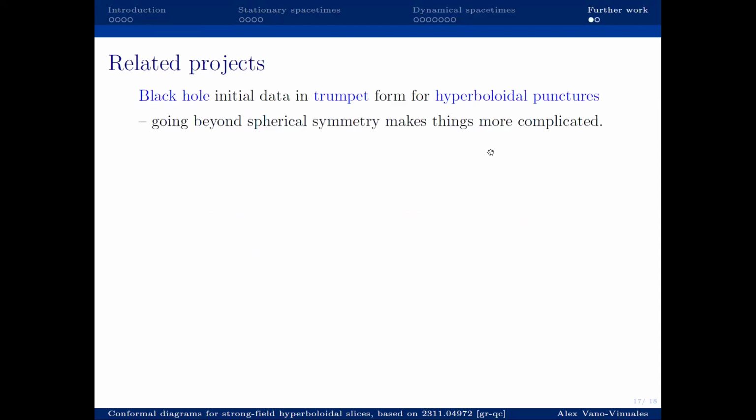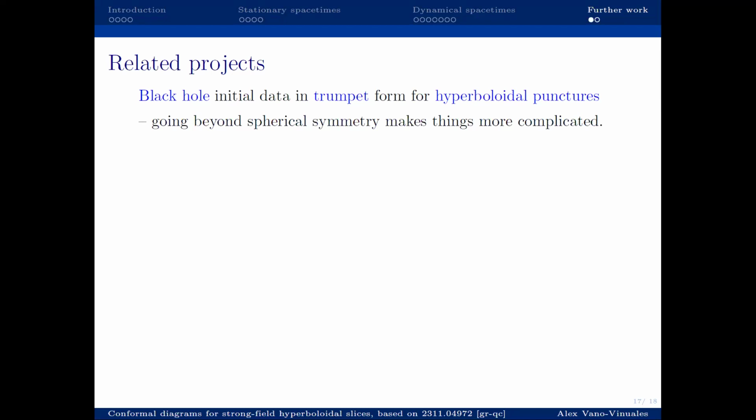I would just like to again mention some of the things related to this that I think would be really useful to continue on the hyperboloidal quest that we are all pushing forward from different directions. More specifically, as I mentioned, I like the puncture approach because it allows us to go more inside of the horizon.